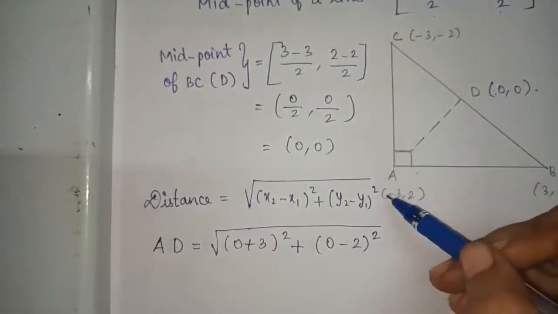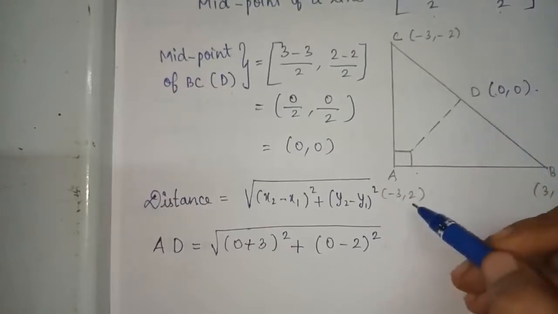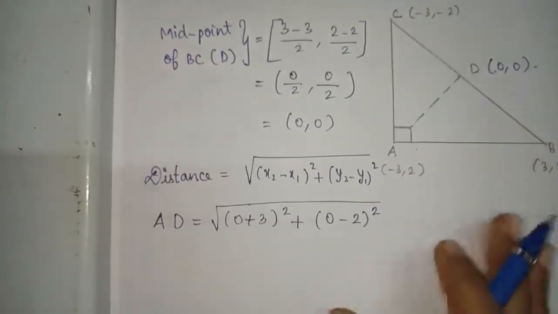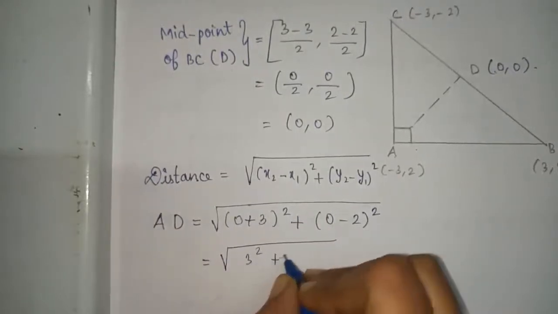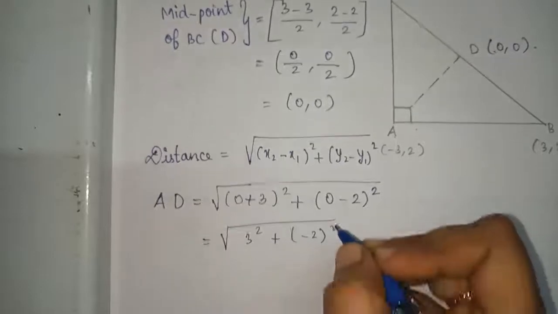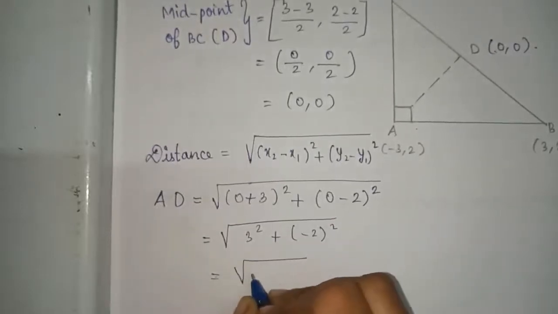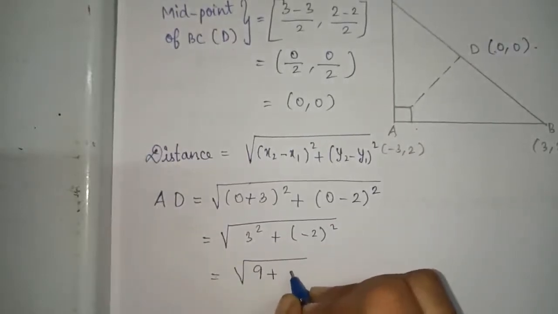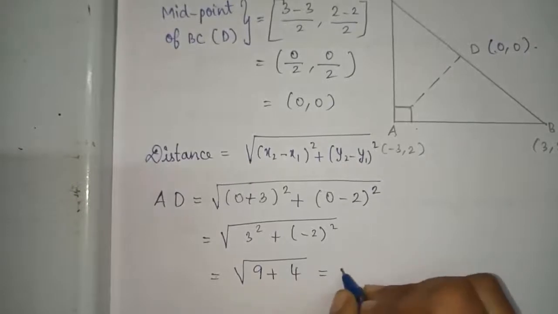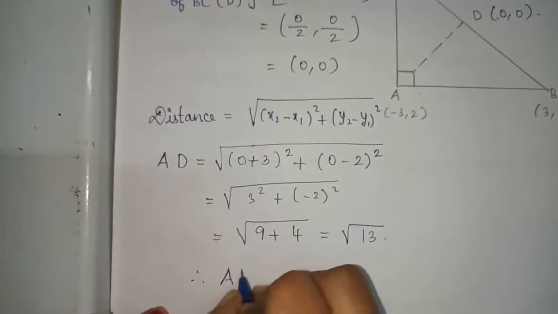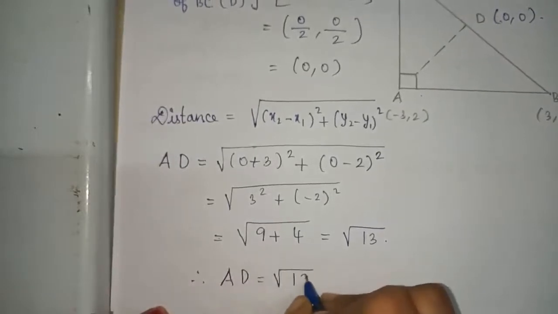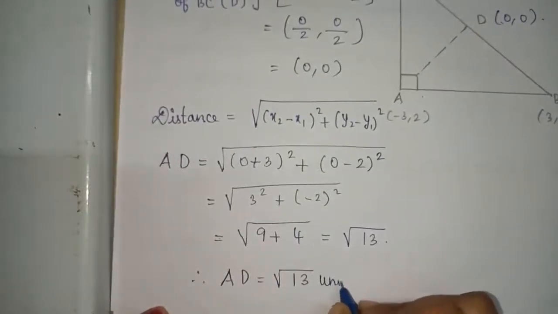This is x1, x2, this is y2, y1. Which is equal to the root of 3 square plus (-2) square, which is equal to the root of 9 plus 4, which is equal to root 13. Therefore, AD is equal to root 13 units.